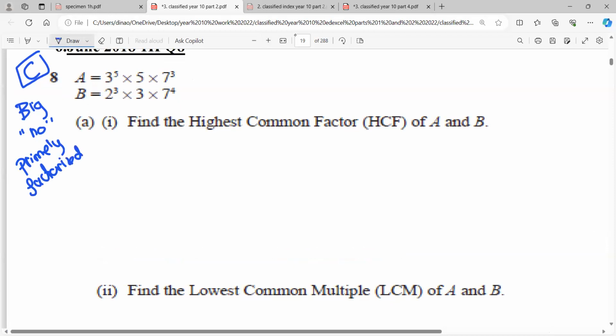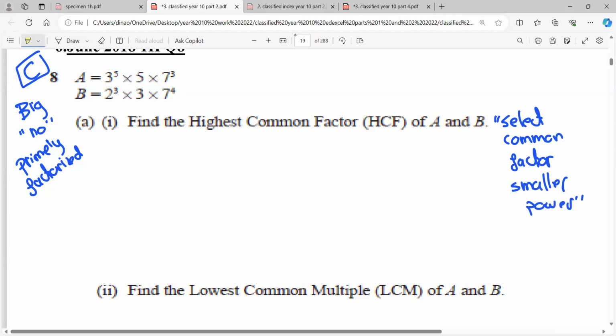Okay? To find HCF of two numbers that are given as follows. Now, for HCF, we select the common factor, but with the smaller power. With the smaller power. What does that mean? For example, let's look over here.